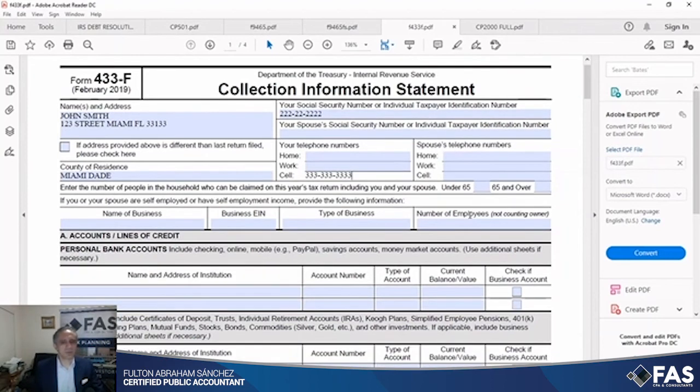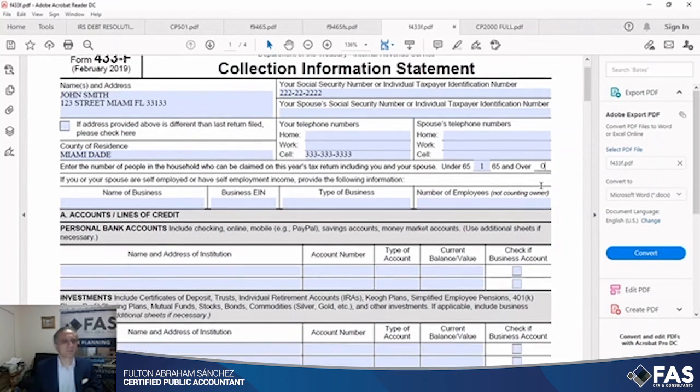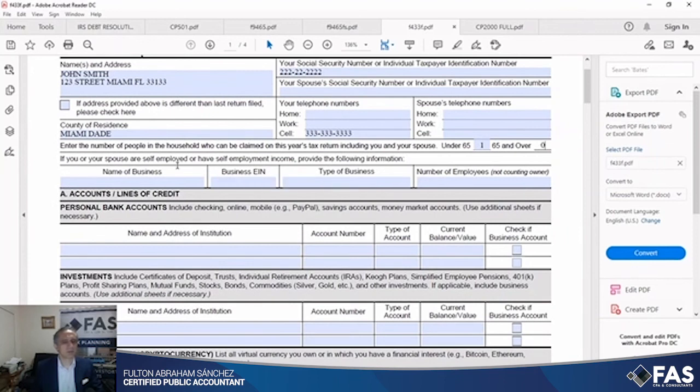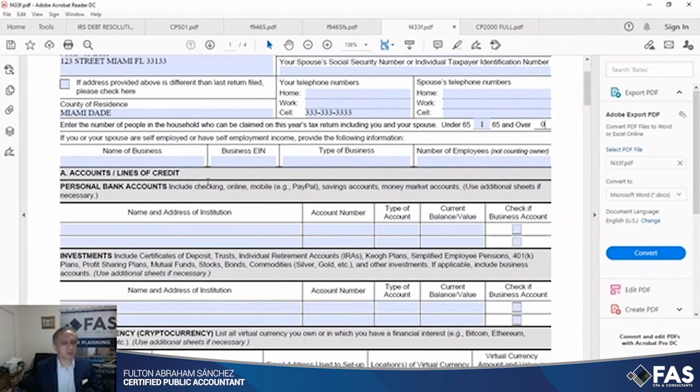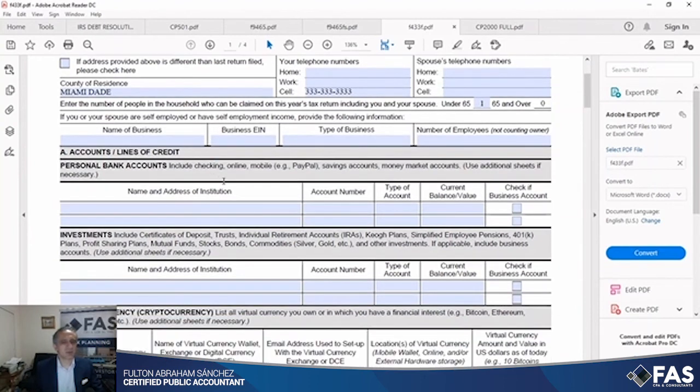Enter the number of people in household: under 65, 1; over 65, 0. If you're a spouse and self-employed, no spouse here. Name of the business: no business. This taxpayer is an employee.